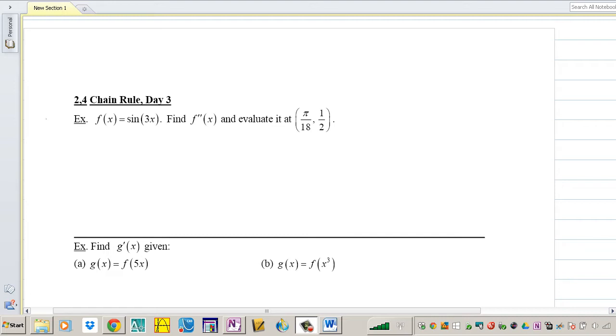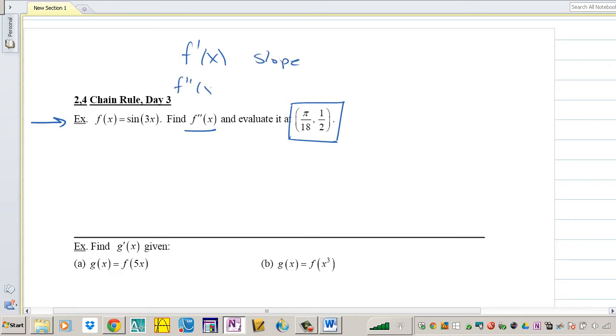Alright, so example number 1. We have sine 3x, and we find the second derivative and evaluate that second derivative at this point. We know that the first derivative is slope. So what does the second derivative mean?